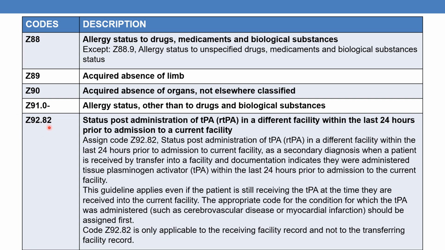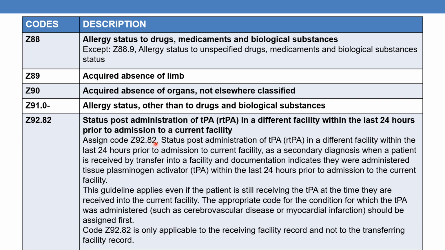Z92.82. This is the final code, which is status post administration of TPA, tissue plasminogen activator, in a different facility within the last 24 hours prior to the admission to current facility.